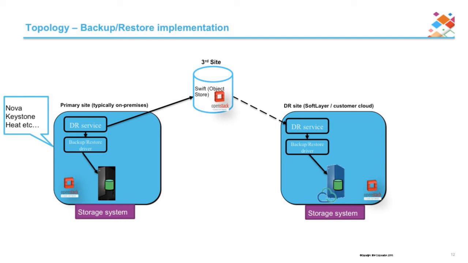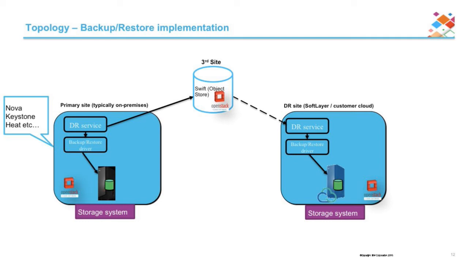And to be able to recreate the workload, we use it. Since not all applications might have a defined Heat template, what we do is create it on the fly during protect, and we store it in Swift in the container as well with all the metadata and data.